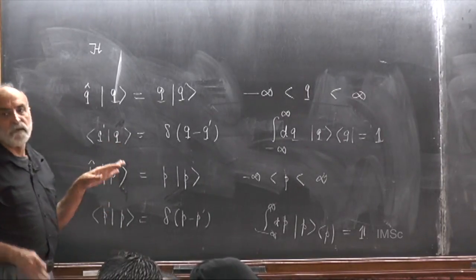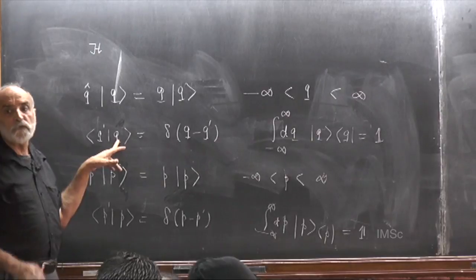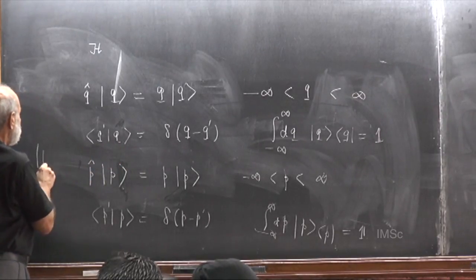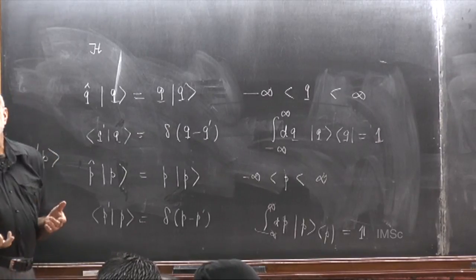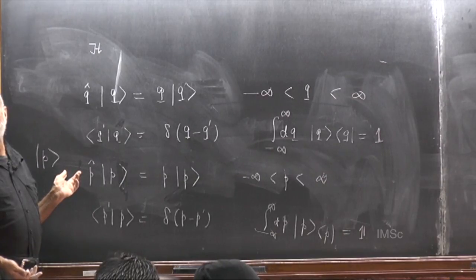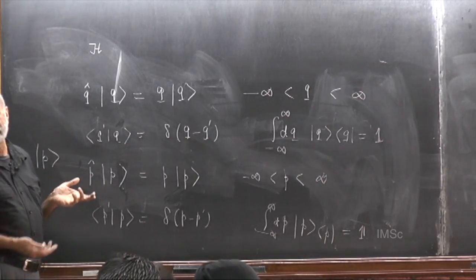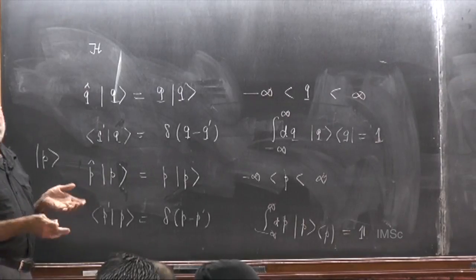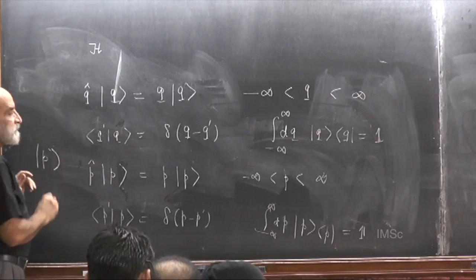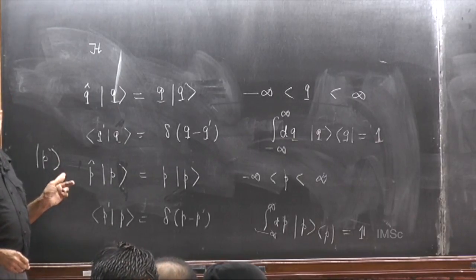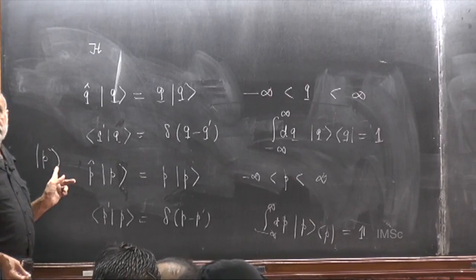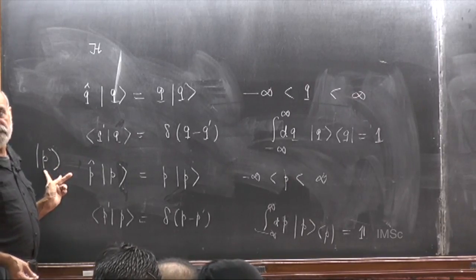If I just gave you this, you could say it's a coordinate eigenstate with a coordinate taking value P. There is nothing to indicate that. So it's sometimes convenient to use this to indicate that you are now dealing with momentum eigenstates, and this is an eigenstate of the momentum operator with eigenvalue p.